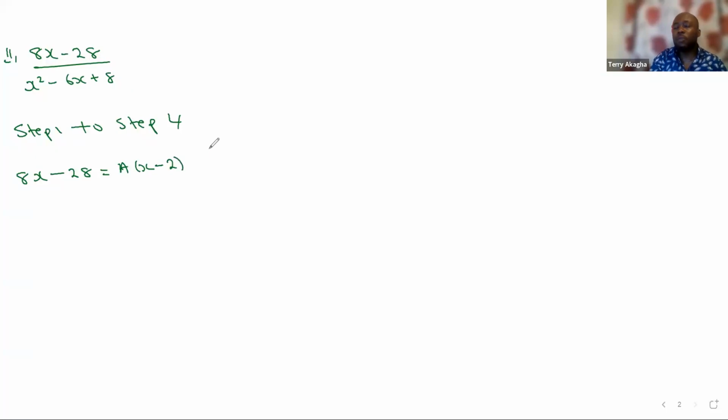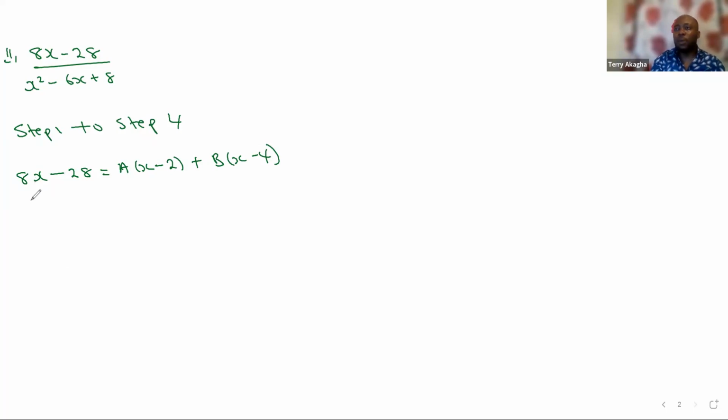Now, this is the step where you either use the substitution method or the coefficient of terms method. What you do then is make sure that all the brackets are opened up, so it will be easy for you to work with.